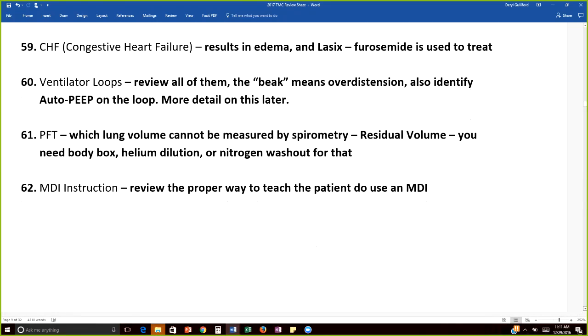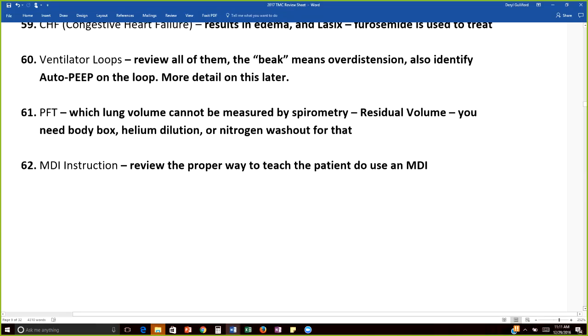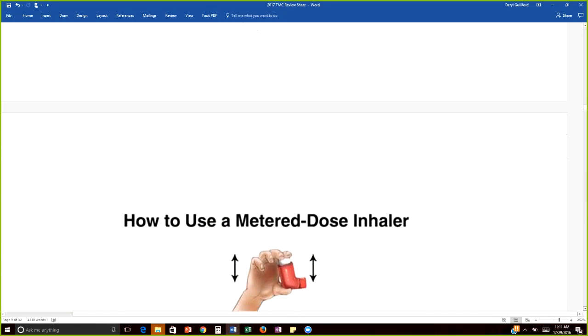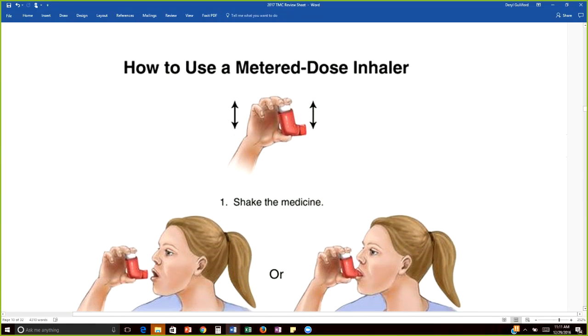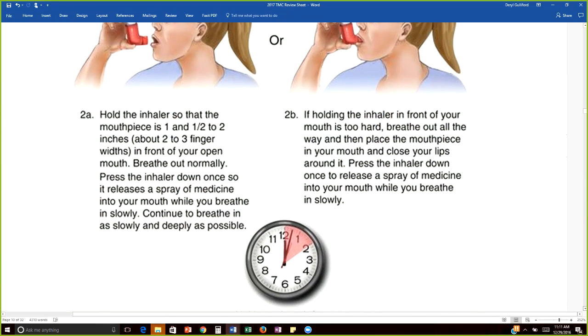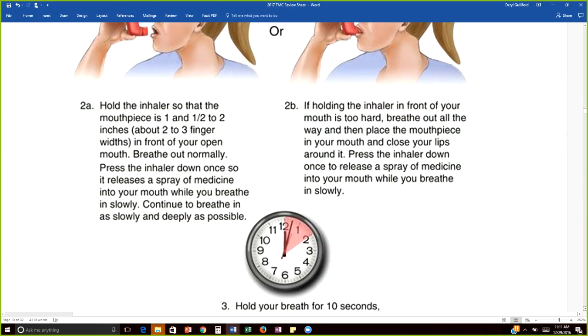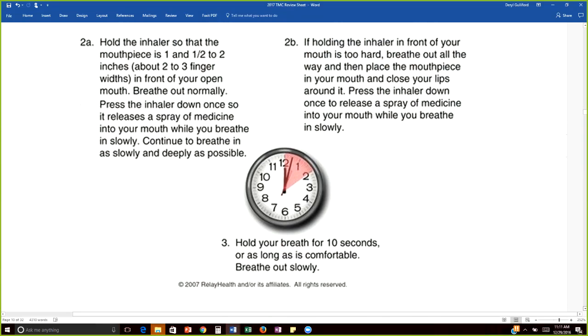You have to have a body box or helium dilution or nitrogen washout for that. Review the proper way to teach your patient how to use an MDI. I think I've got a video for you on this. No, I've actually just got a handout for you. How to use a metered dose inhaler. This is a great way to describe it. If you will just review this, this is how you teach the patient to use an MDI.